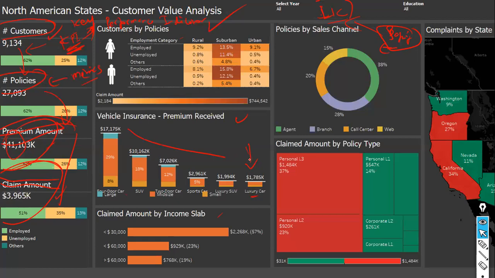So with this, you will get to know that trend. This is another trend pattern. Luxury car, obviously you are getting less premium, and luxury SUV also less. Sports cars are very expensive. And with the 4-door car, the majority of the population can afford to buy one. Nowadays most people have a car.